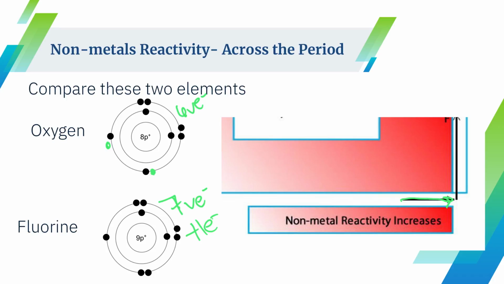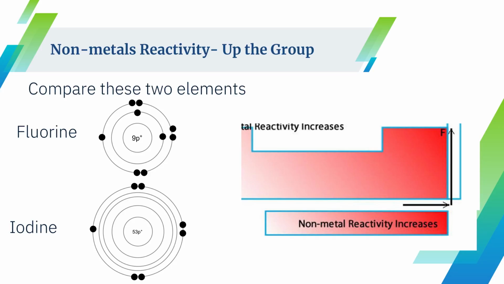For the nonmetals reactivity up a group, the reactivity increases as you go up a group, for a similar reason as to why the reactivity of metals increases as you go down.